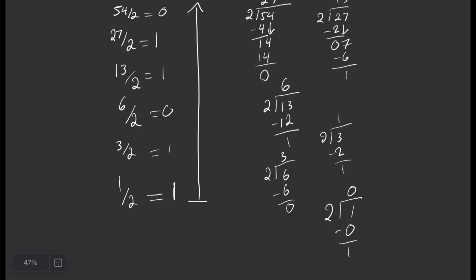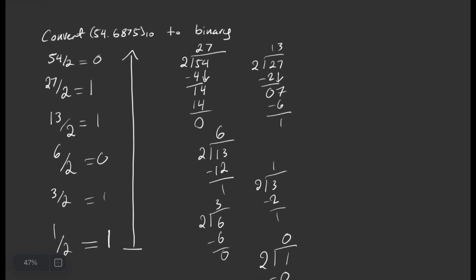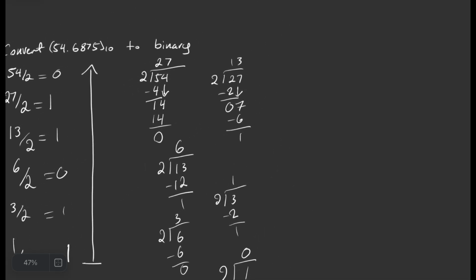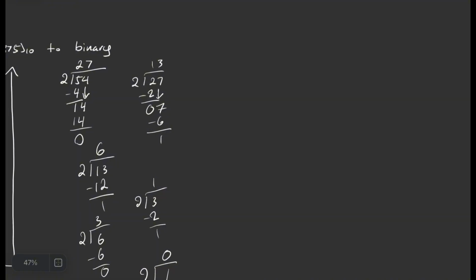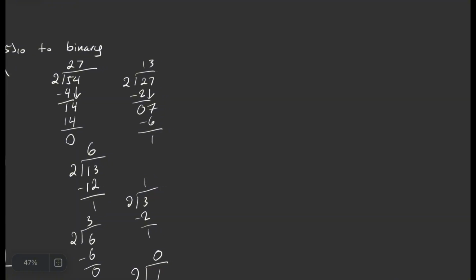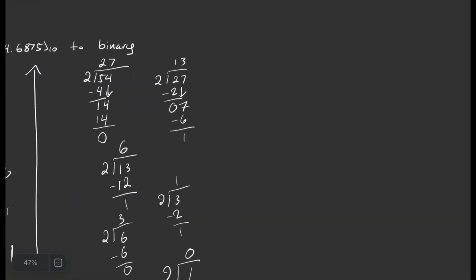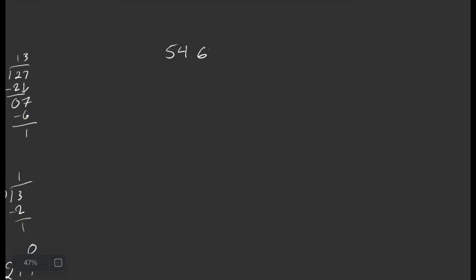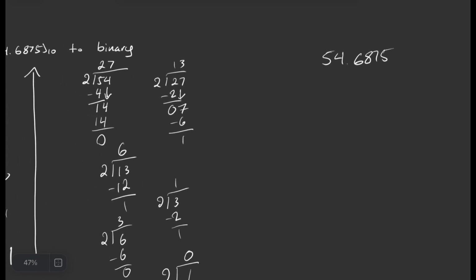Now I am going to do the decimal part. For this part I am going to use a calculator, but you would have to write out the multiplication by yourself. So essentially, we know our number is 54.6875.